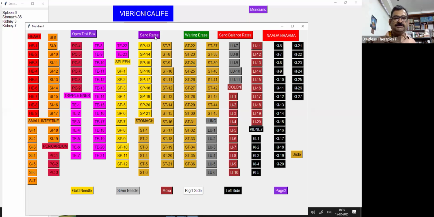This is what is given by Mata Narayani about the meridian and meridian points. Now we go a little bit deeper. There is an acupuncture group on Telegram.